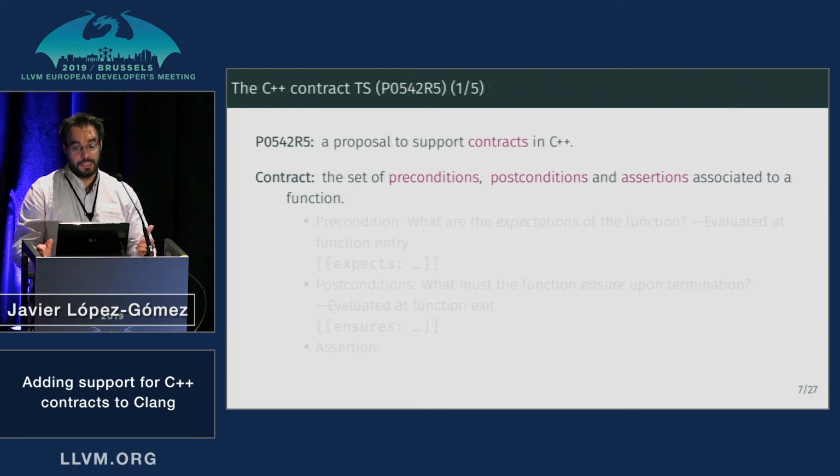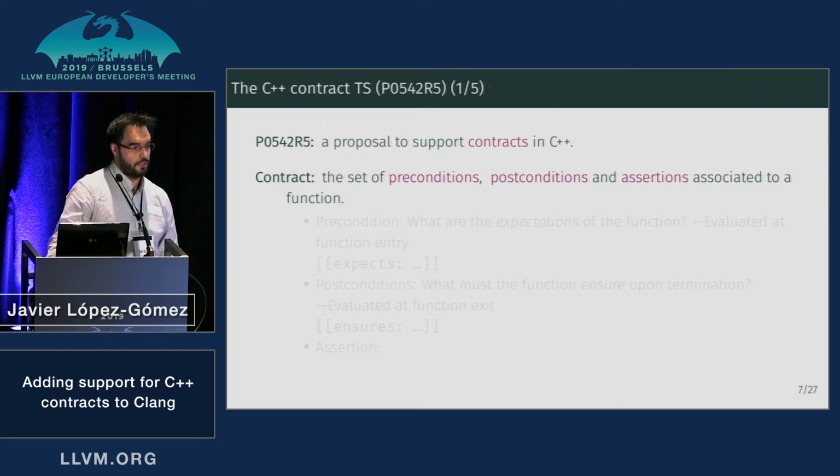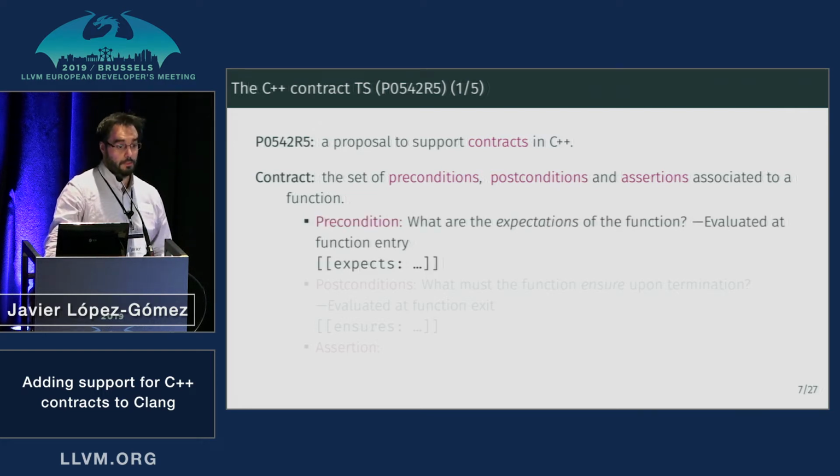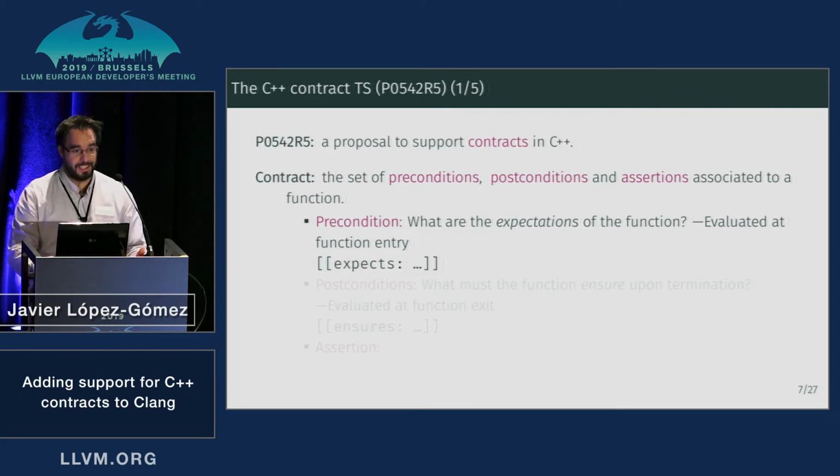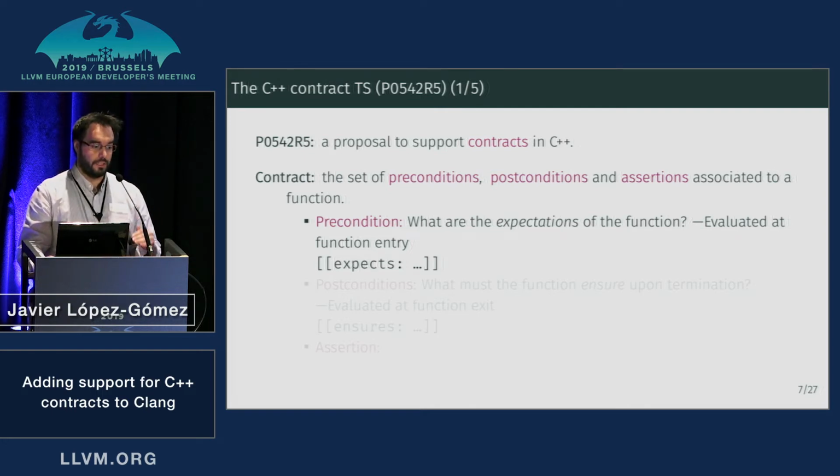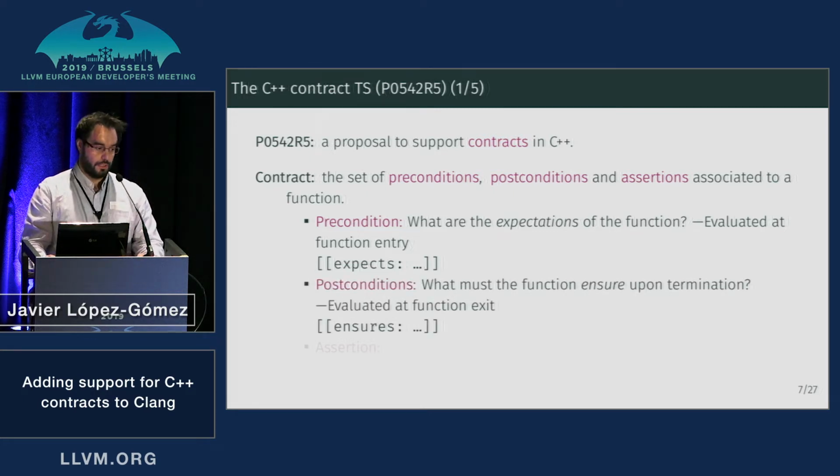What is a contract? It's a set of preconditions, postconditions, and assertions which can be specified as part of a function. A precondition is what the function expects to be met at the entry point of the function, and is annotated, as I told you, with the expects clause.